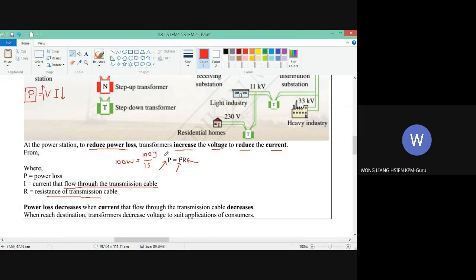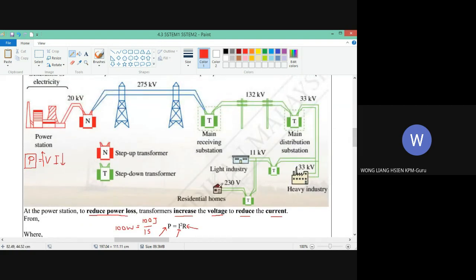Okay, so because the resistance of the transmission cable is already fixed, let's talk a bit about the resistance of the transmission cable. Maybe you would think, why need to reduce the current? Just reduce the resistance. Okay, how to reduce the resistance? Length cannot, because for example, you want to send the electricity from the power station to your house.